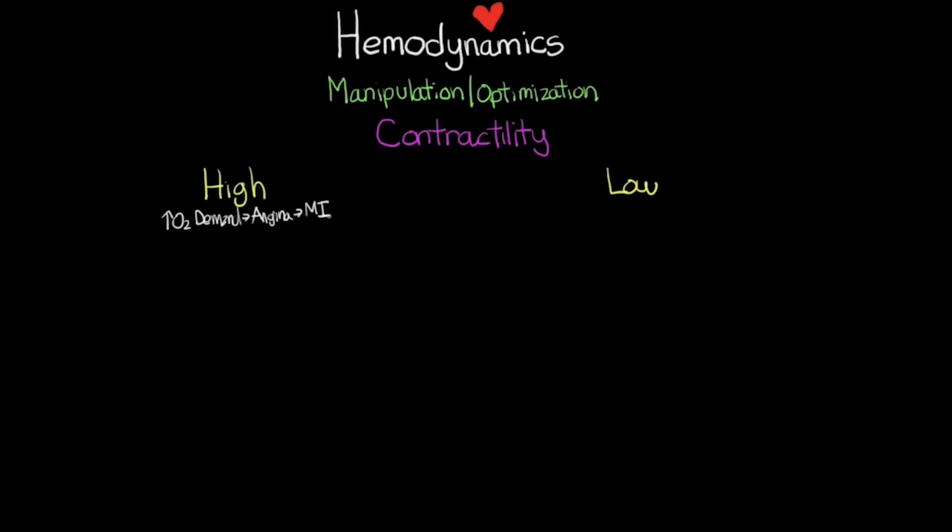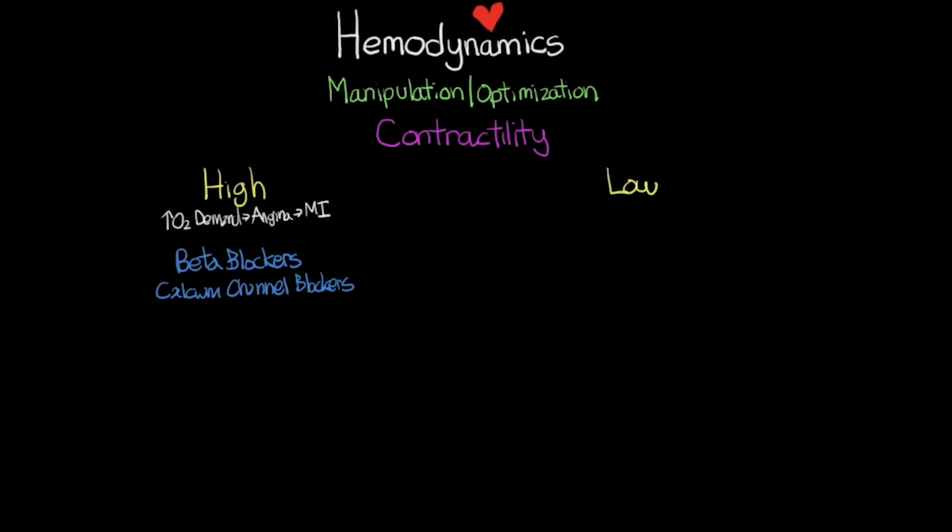So it's definitely important that we do what we can, especially in patients that are at risk, to reduce the oxygen demand by reducing their contractility. And the ways that we would do this would be with our beta blockers, and once again, our calcium channel blockers. And that's it. Pretty simple.